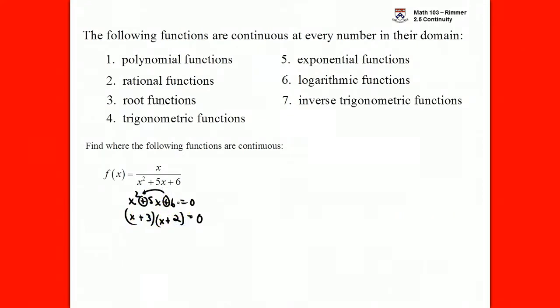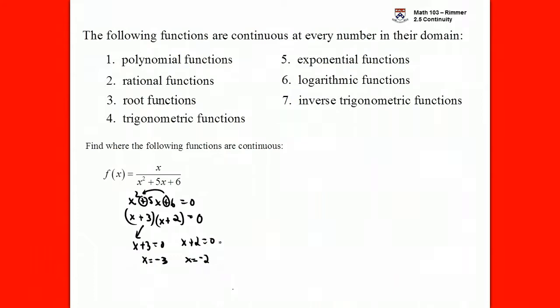You're not done. You have to find out, x plus 3 equals 0 or x plus 2 equals 0. So the culprits are negative 3 and negative 2. These are the values that would cause your denominator to equal 0. So you cannot have them in your domain, but you can have everything else.